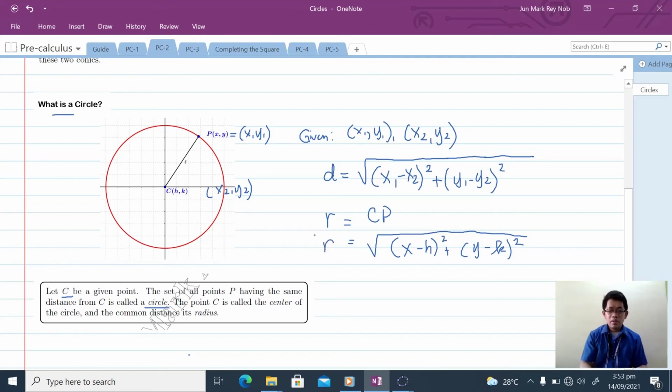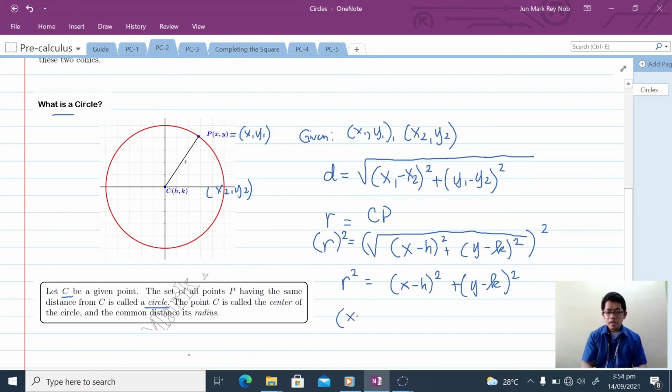Suppose we square both sides to get rid of the radical. We are left with r squared equals the quantity x minus h squared plus the quantity y minus k squared. This time we can interchange: I'm going to write this first, followed by r squared.